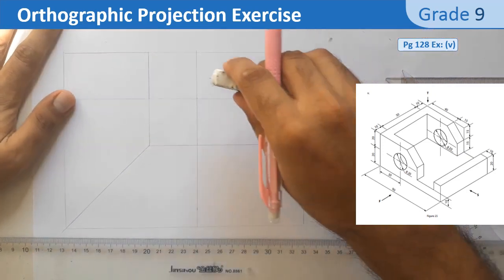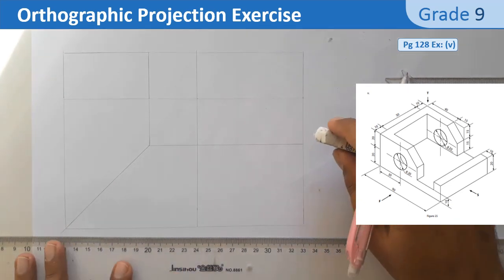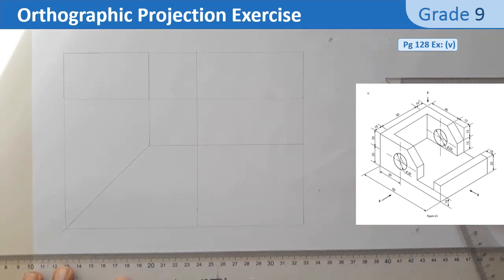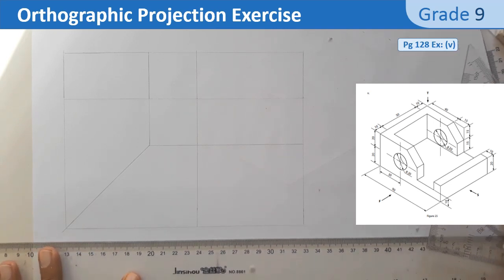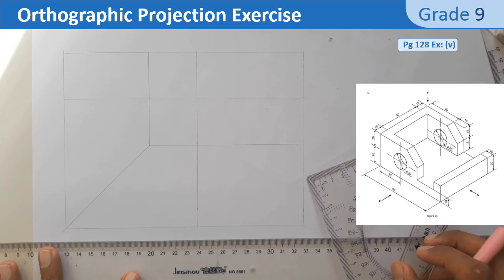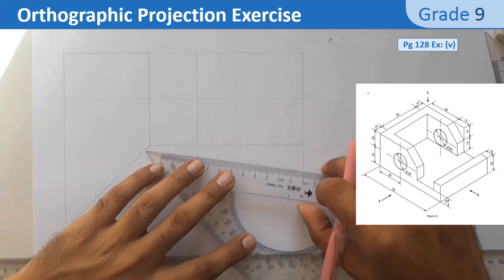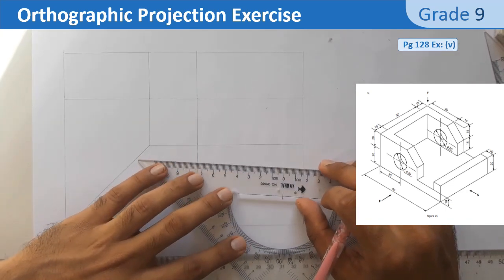Here is the grid for the top view. So here is the grid for the top and the front view.